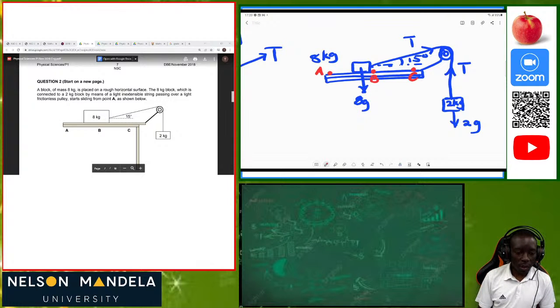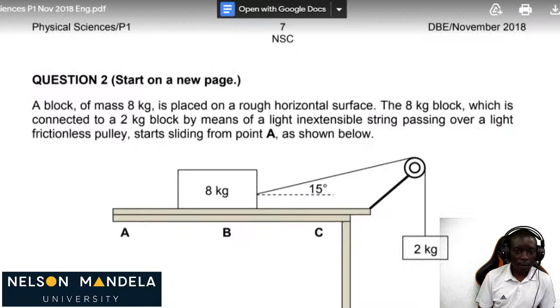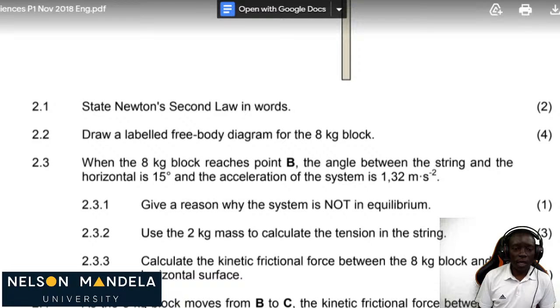So the question goes on to say, when the 8 kg block reaches point B, the angle between the string and the horizontal is 15 degrees. So at point B, we're told that the angle is 15 degrees. So already that tells us something about that angle. The angle changes with position.